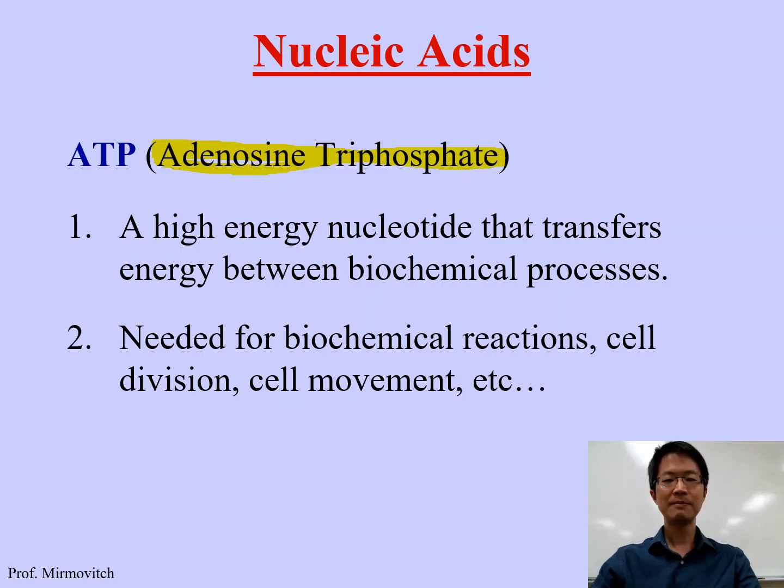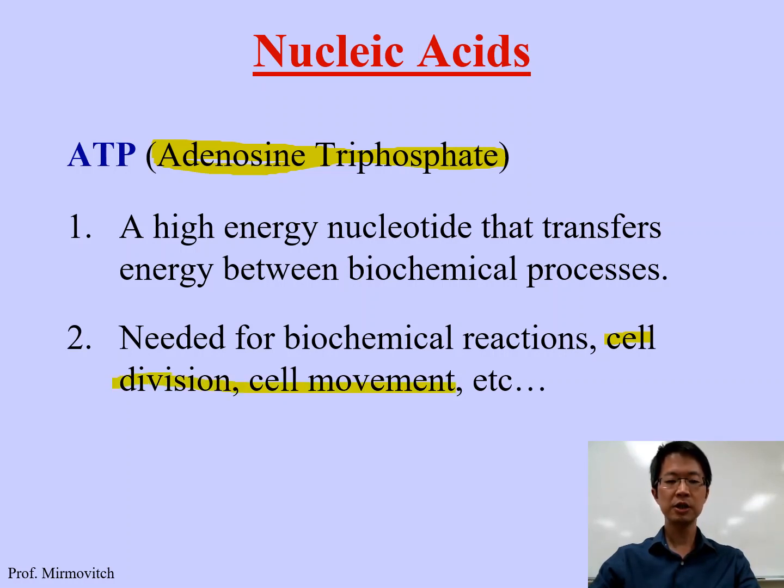They are namely carbohydrate, lipid, protein, and nucleic acid. In nucleic acid, we talk about DNA, RNA, and ATP. ATP is a high energy nucleotide that basically supplies energy for biochemical reactions like cell division, cell movement, etc.